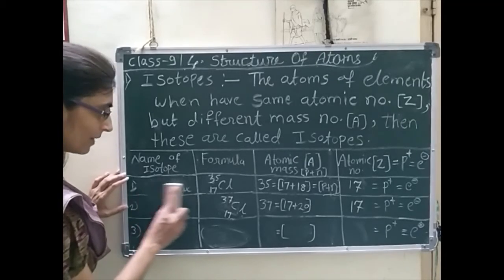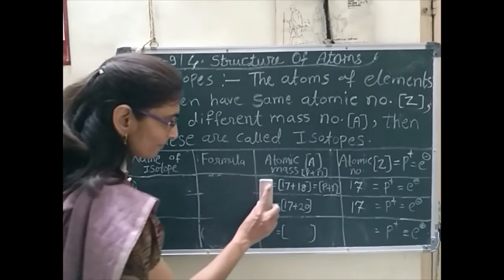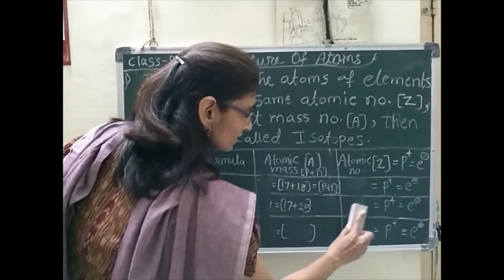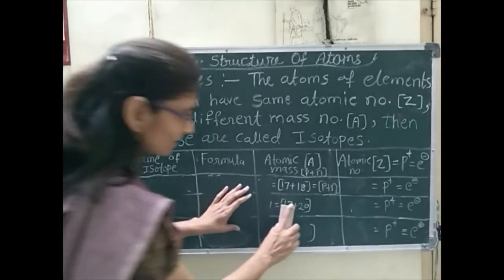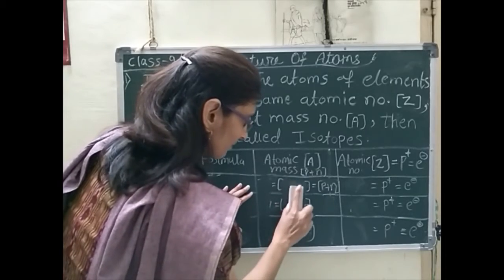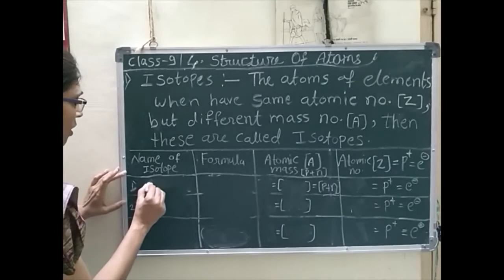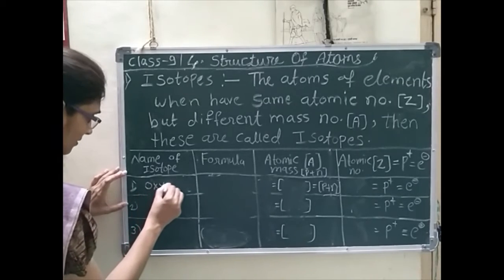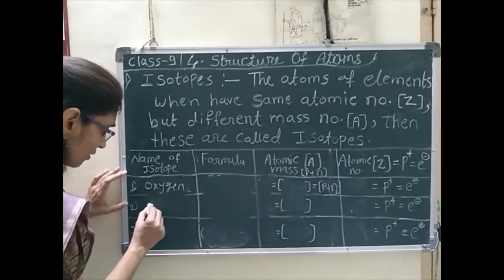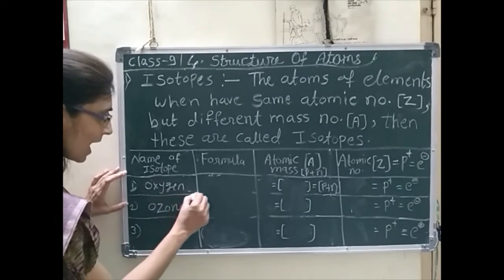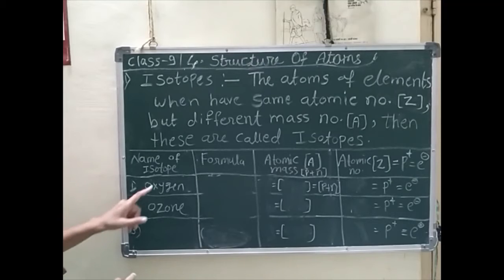Next, a very common example, that is carbon and oxygen. At first we will see the example of oxygen. So oxygen and ozone. Ozone is an isotope of oxygen.